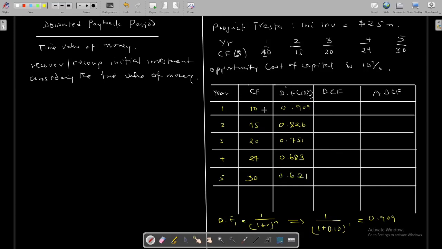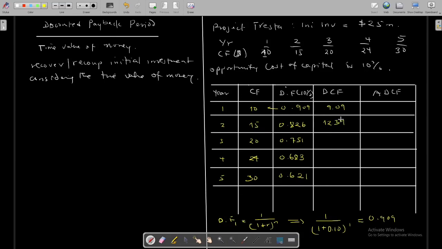After that, we multiply the discount factors by the cash flows. So this one will give us 9.09, and 0.826 times 15 will give us 12.39.